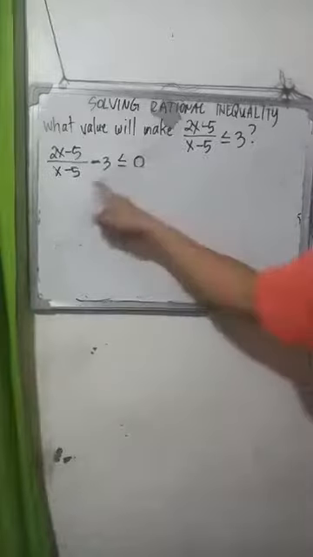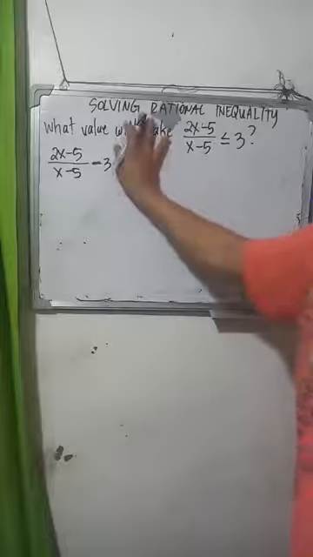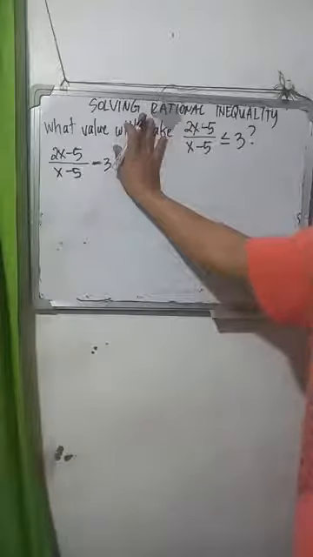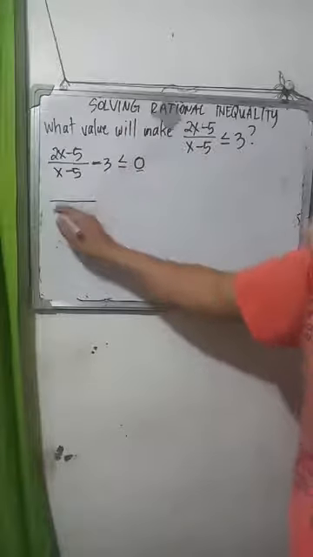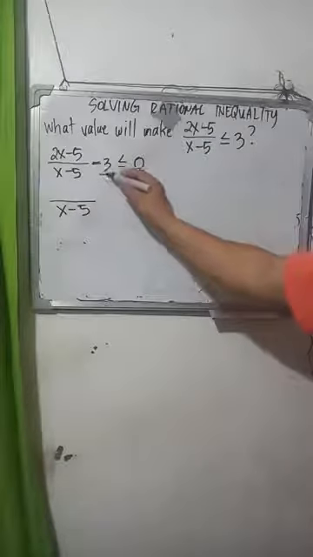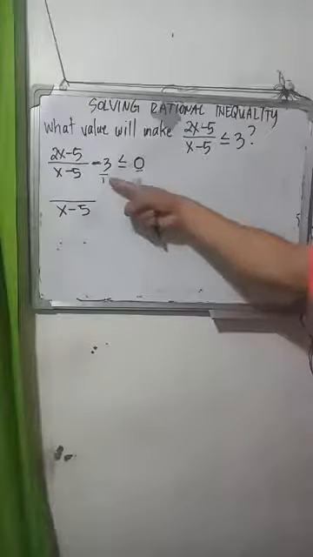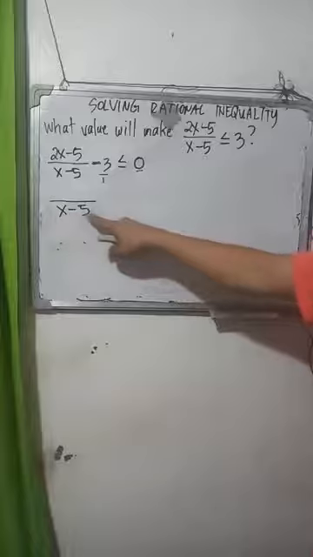So tingnan natin, ano ba yung LCD natin based on this rational function. So 2x minus 5 over x minus 5 minus 3. Understood na ang denominator dito is 1. So again, yung LCD natin is x minus 5.